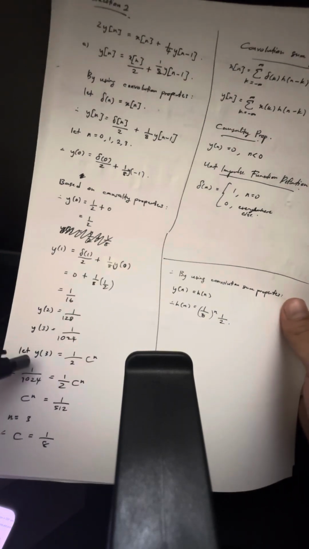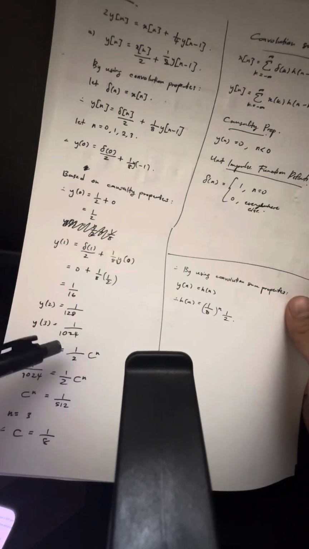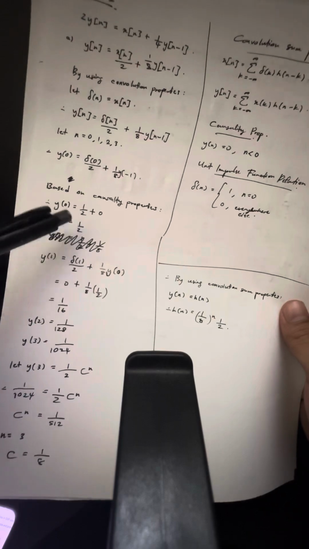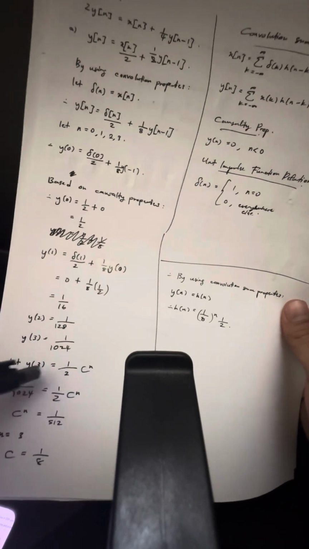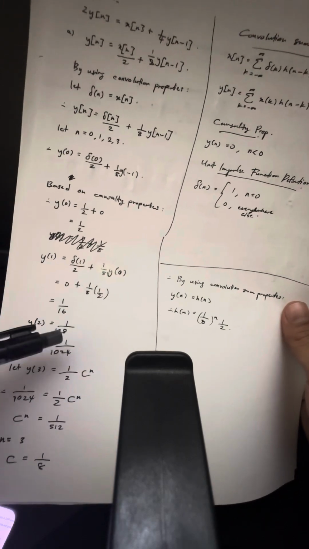Because we have a common factor of 1/2, we can assume y of n is 1/2 times c of n, some terms.